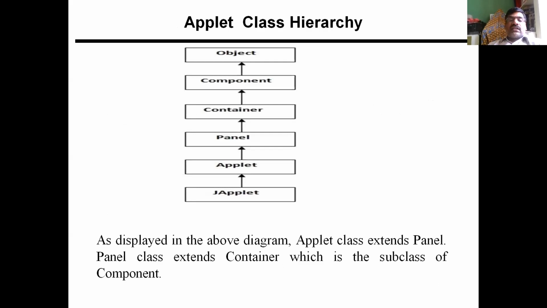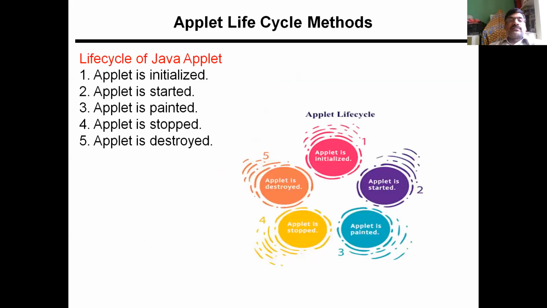Within this hierarchy, JApplet is a special class we have to use when we are using Swing. If we are using AWT, we can use only the Applet class. So this is the applet class hierarchy.